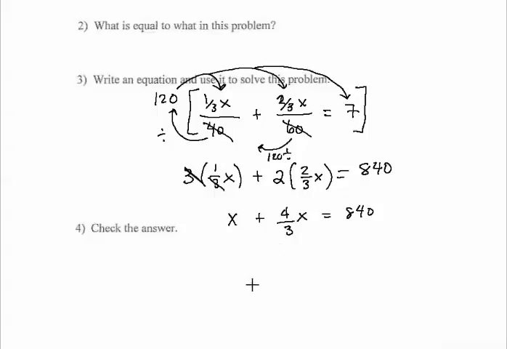So we still have a fraction left. Maybe we should have left it 3 over 3. Instead of canceling these 3's out, we'll leave it 3 over 3 so that the denominators are the same, and we'll add these. This may be the quickest way to work this equation. 3 over 3 plus 4 over 3 would give us 3 plus 4, 7 over 3x.